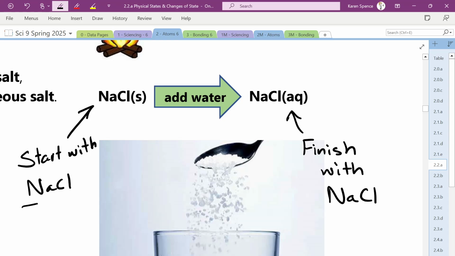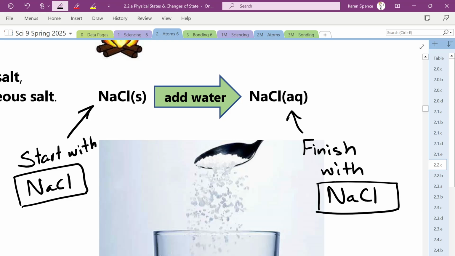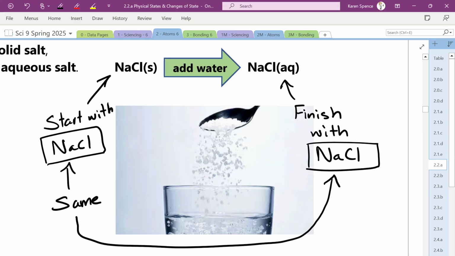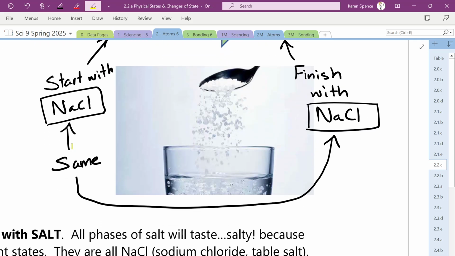If you start with sodium chloride and you finish with sodium chloride, was that a chemical change or a physical change? That's a physical change, okay? So that is a physical change because it is the same.